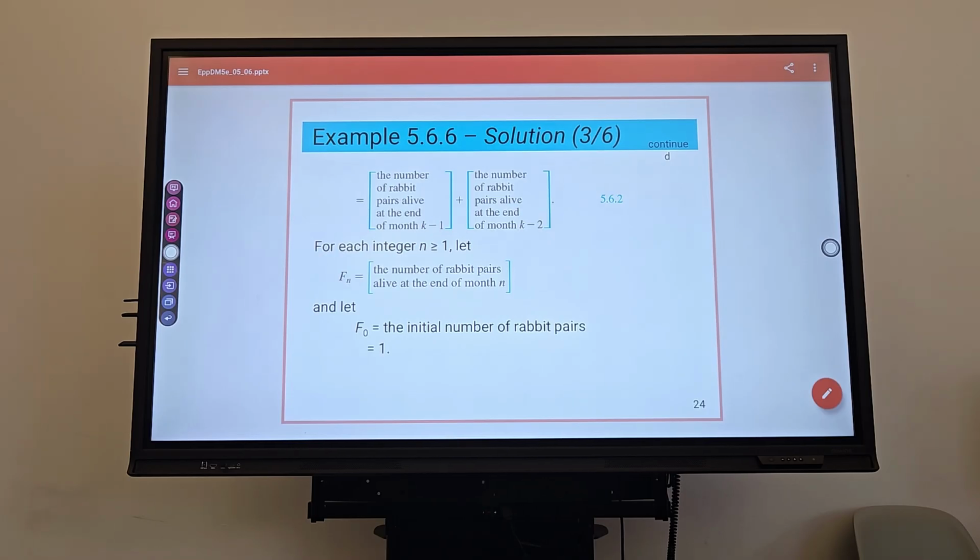So, for each integer n greater than or equal to 1, let f sub n be the number of rabbit pairs alive at the end of month n. And let f sub 0 be the initial number of rabbit pairs, which equals 1.